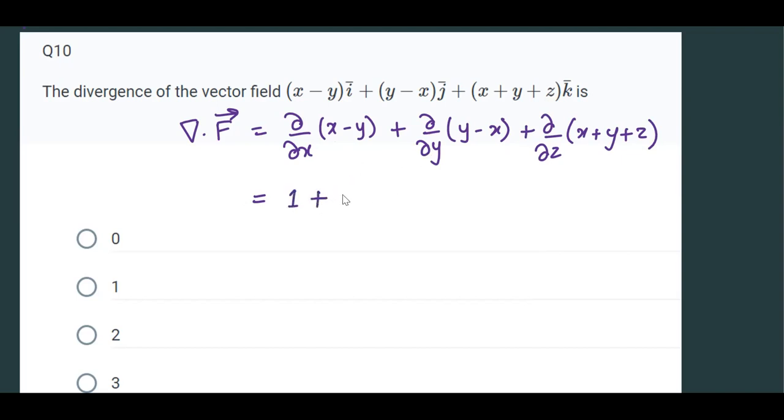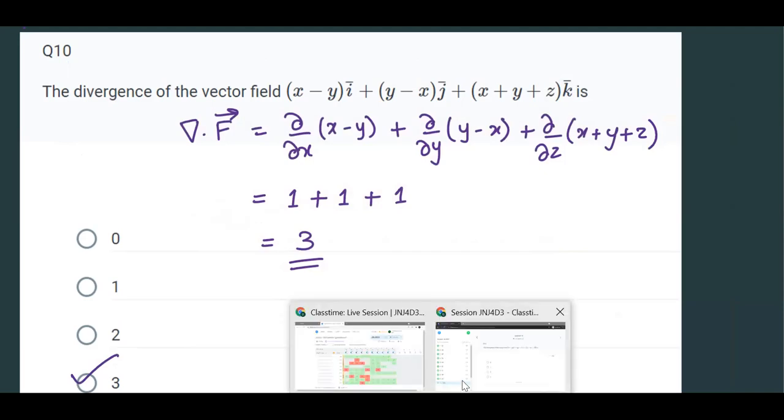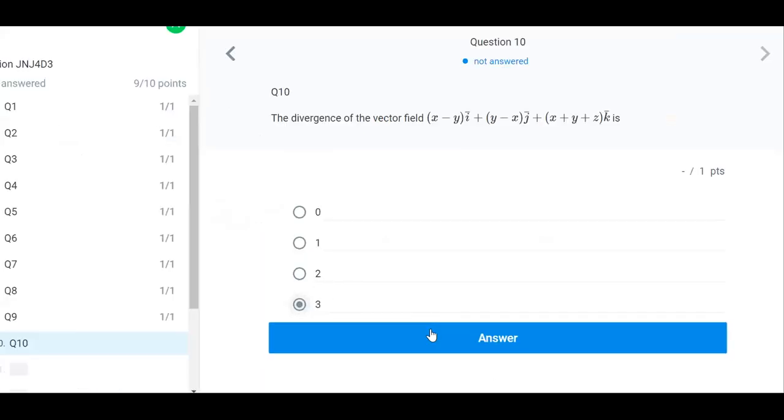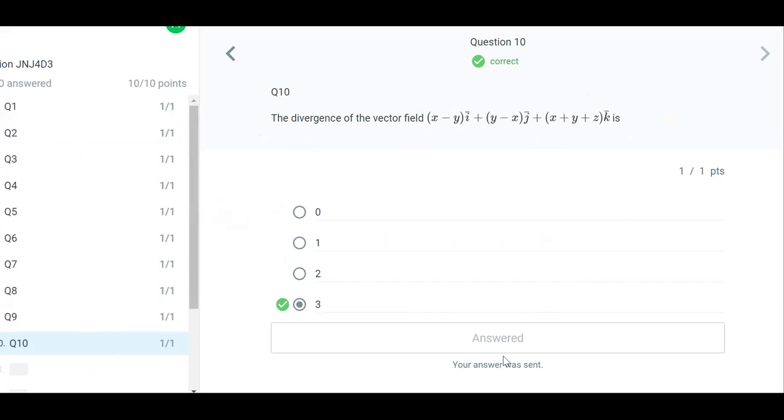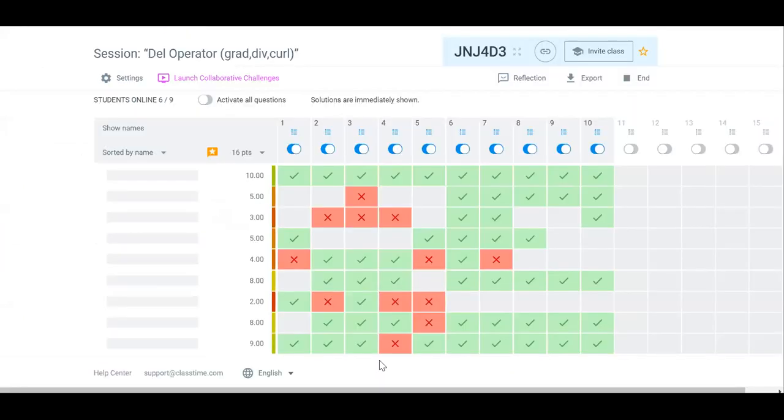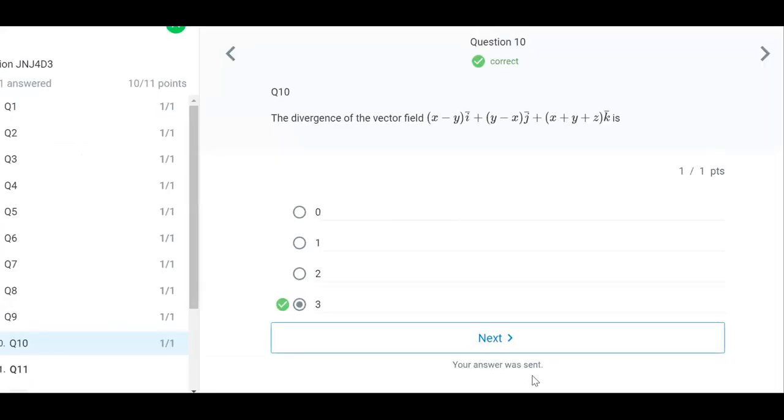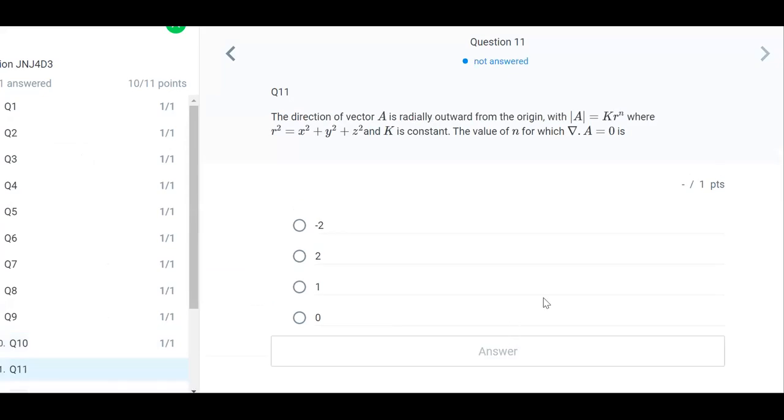Dou by dou y of j component is 1. Dou by dou z of this is 1. So we get 3 as the correct answer. Three is the correct answer. This is a question. I'll give you 3 full minutes for this to solve.